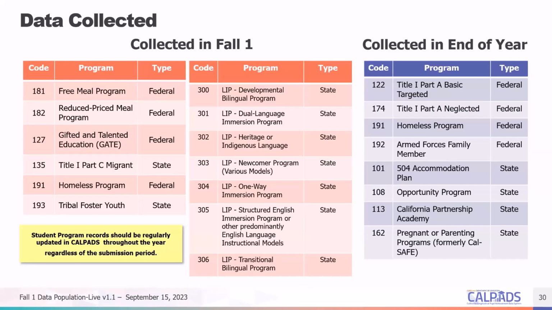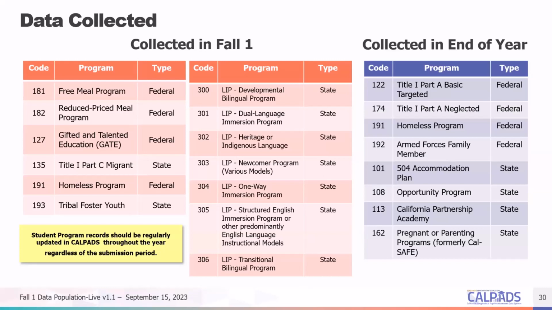So, for example, free or reduced price meal records using codes 181 and 182, gifted and talented education or GATE programs using code 127, homeless students with program code 191, and tribal foster youth with program code 193 will all appear or are expected to appear on your Fall 1 reports. This is in addition to the various language instruction program or LIP codes.